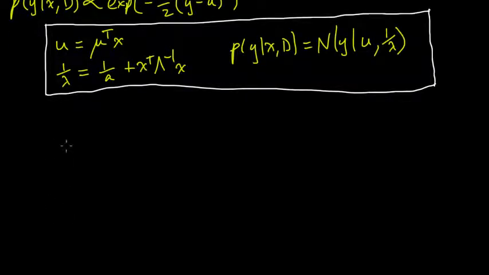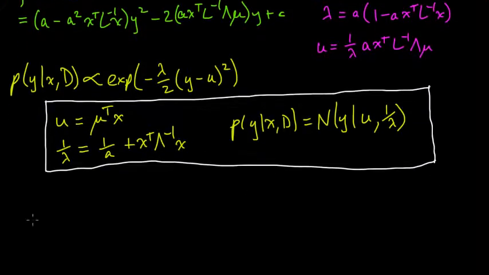So we have u equal to this thing. Should we do u first? Hold on a sec. Actually, we might be able to do it without that linear algebra identity.